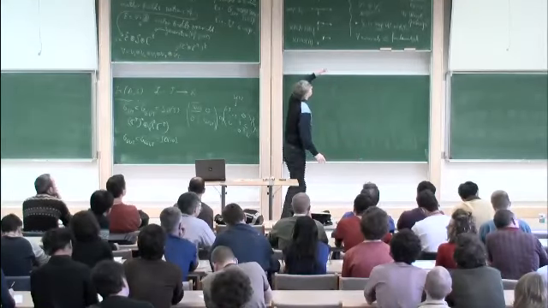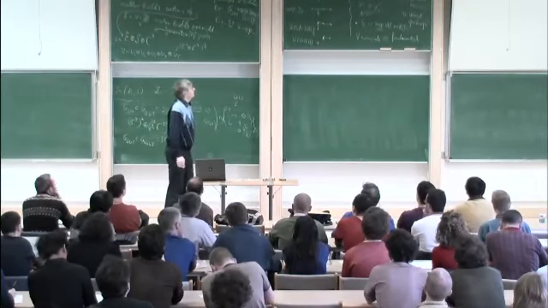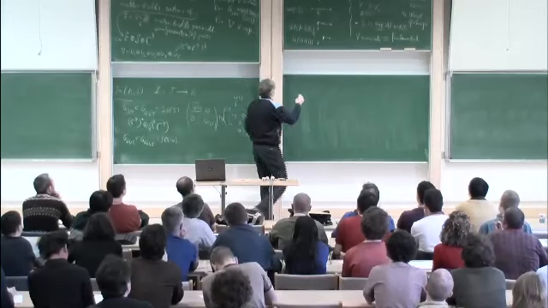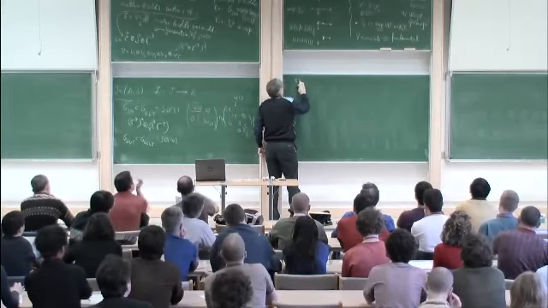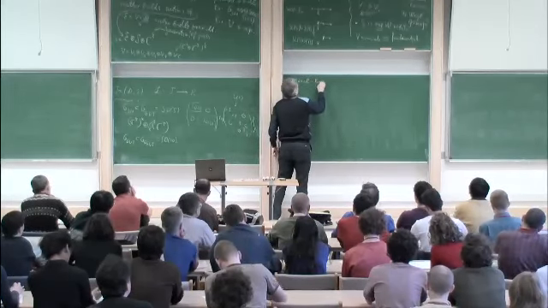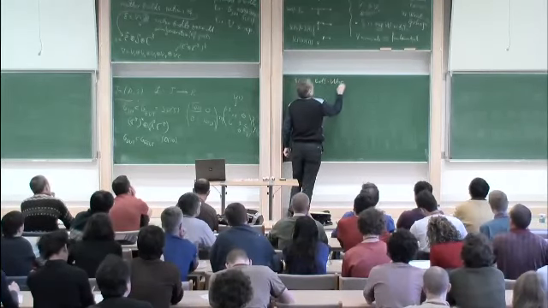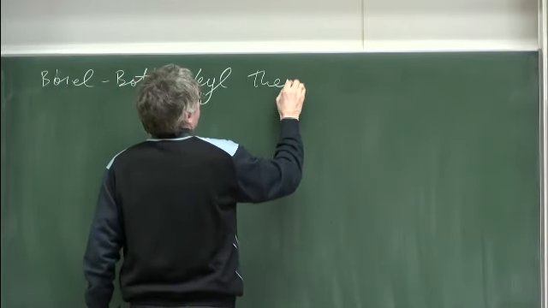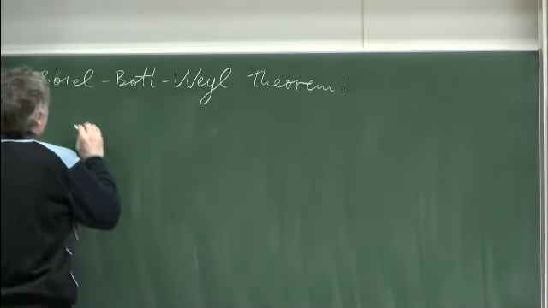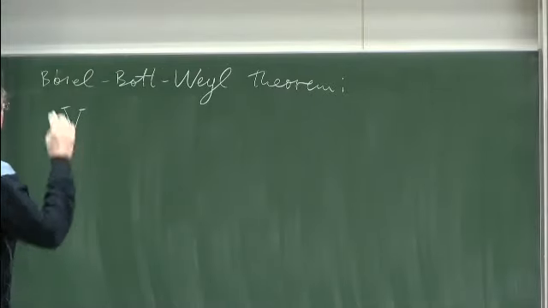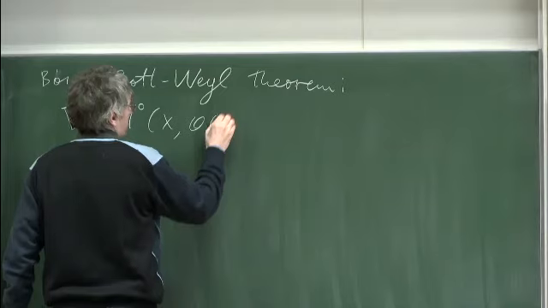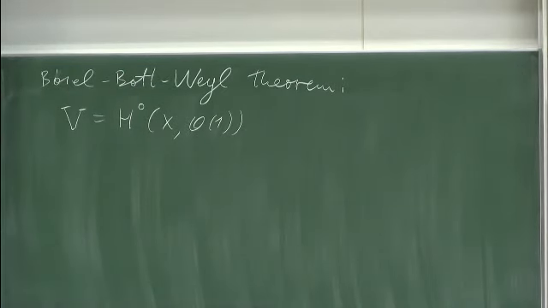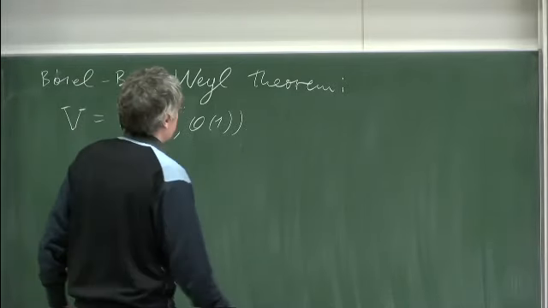Now, being a geometer and not a representation theorist, I quickly come to geometry, and this is given by the Borel-Weyl-Bott theorem, which claims that every irreducible representation of a semi-simple group is actually a global section of some line bundle on some homogeneous space, homogeneous with respect to the action of this group.